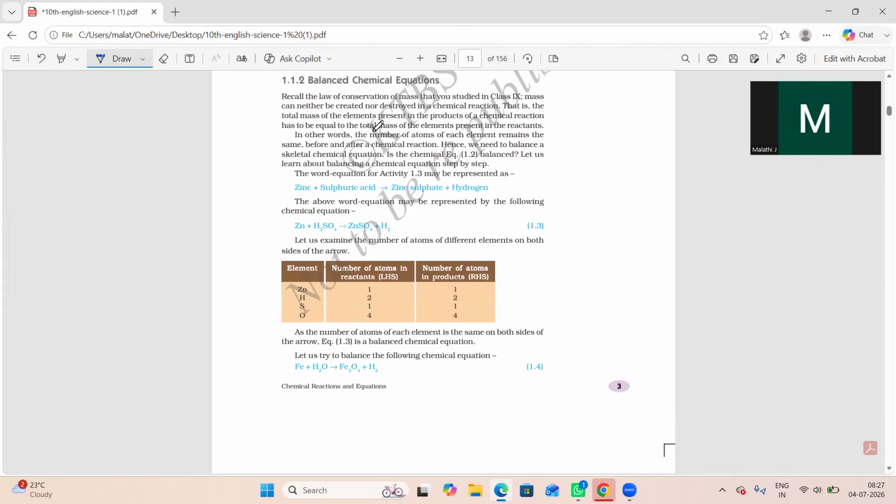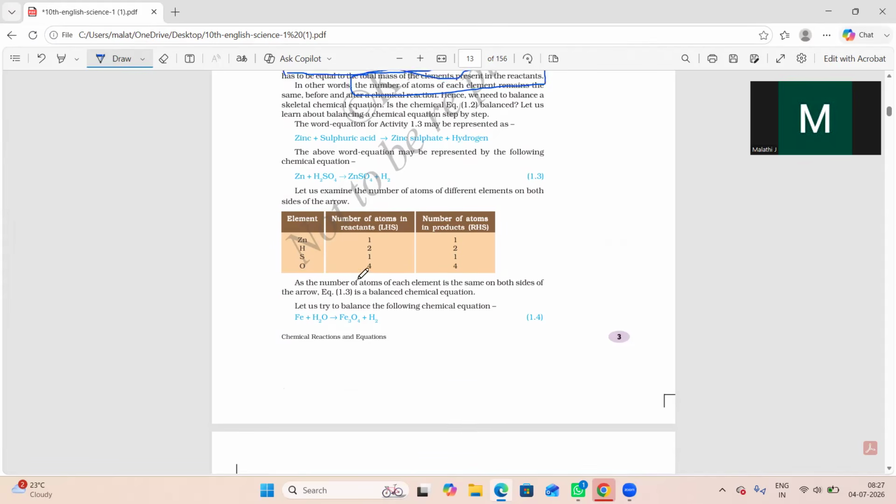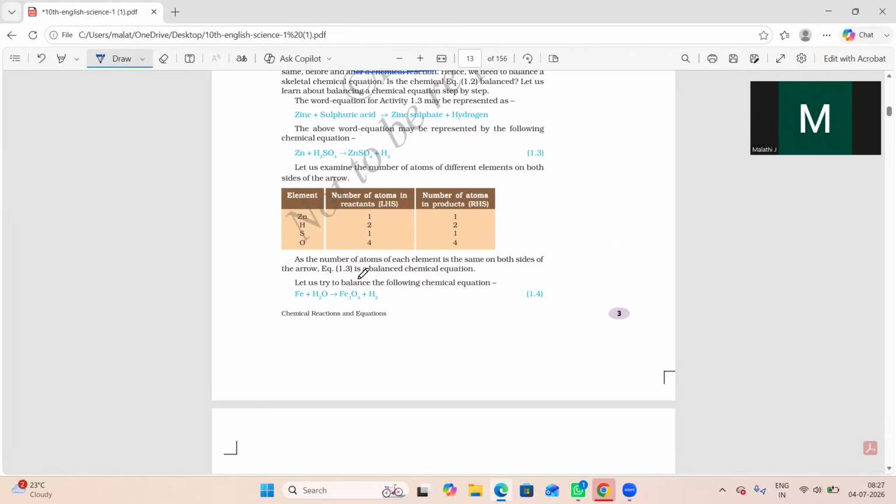Why should we balance? To equalize the total mass of the elements present in the reactants and the total mass of the elements present in the product side. If both the numbers of elements are balanced, the mass will also be balanced on both sides. Here we take one reaction: zinc plus H2SO4 gives ZnSO4 plus H2.